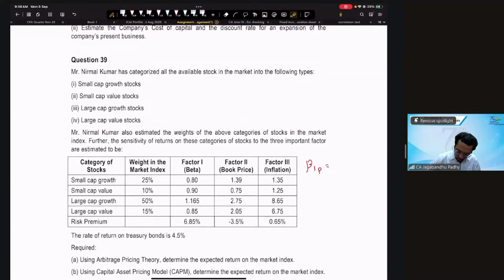Beta 1 of the portfolio will be 25% into 0.8 plus 10% into 0.9 plus 50% into 1.165 plus 15% into 0.85. Just add up all of them and tell me what's the beta 1 of the portfolio.